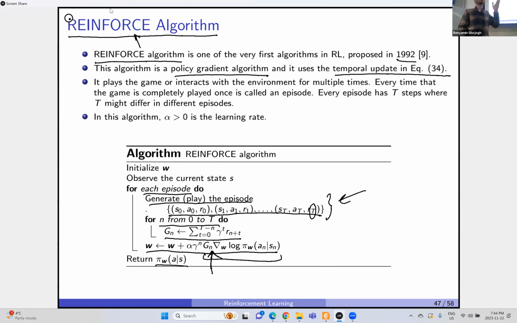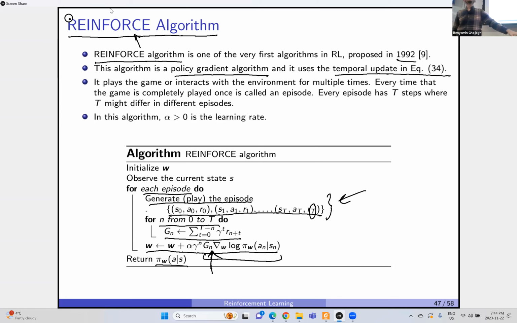This capital T might change in every episode. This episode might last for 10 iterations, by 10 moves I win the game. Or the next episode might take 50 iterations, 50 time steps. So this T depends on the episode. Well, consider my example. Assume until the middle of the game, I was playing well.